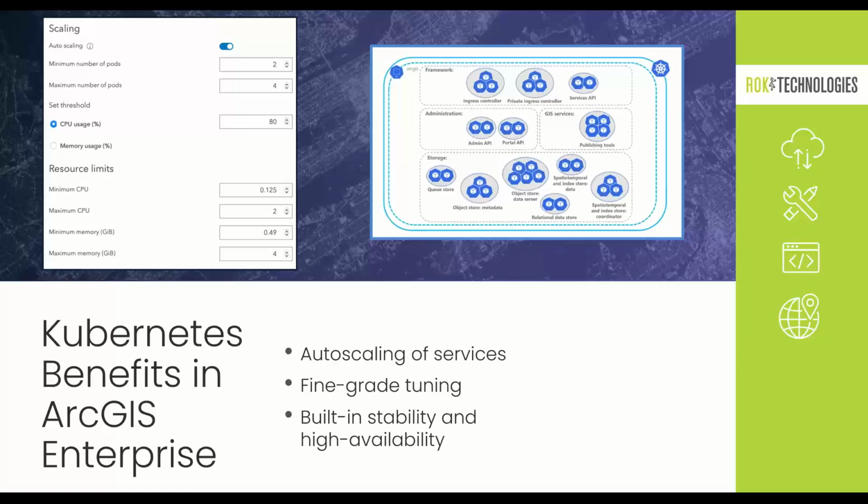So Kubernetes for ArcGIS Enterprise allows you to easily scale these map services, automatically, or even assign resource limits to specific services. Kubernetes also allows for greatly improved reliability and availability through these self-healing mechanisms that Brian was mentioning. Have you ever had an enterprise component like a data store or a portal fail?